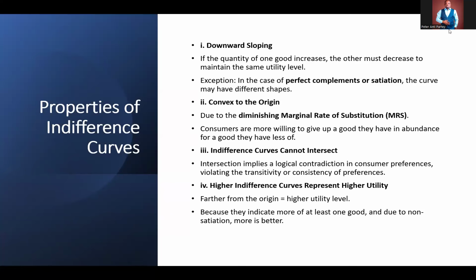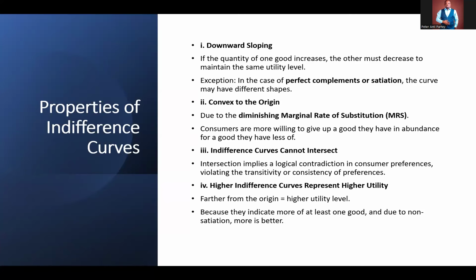And we say that if the quantity of one good increases, the other must decrease to maintain the same level of utility. I've said this one just a minute ago. But there are exceptions, and we'll talk about the exceptions as we go on. So in the case of perfect complement or satiation, the curve may have different shapes. That is an exception, which we'll look at later in this lecture.